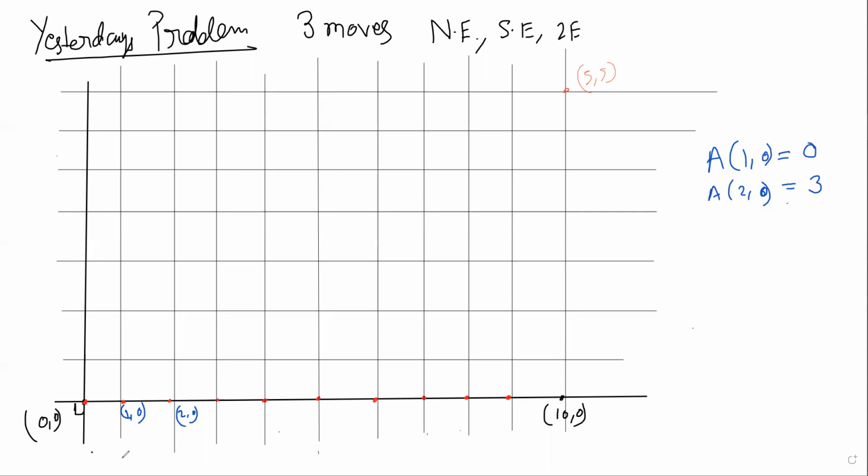And it is again very similar. So if you take this is 1 and this is 1 comma minus 1, this is also 1.